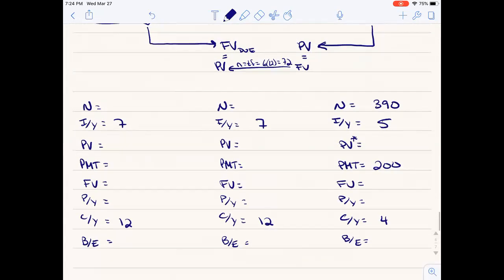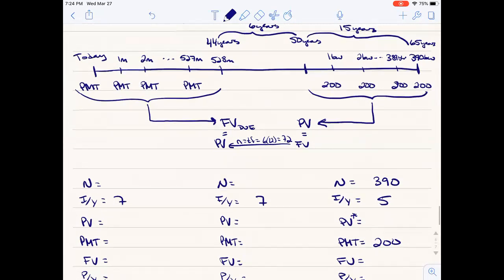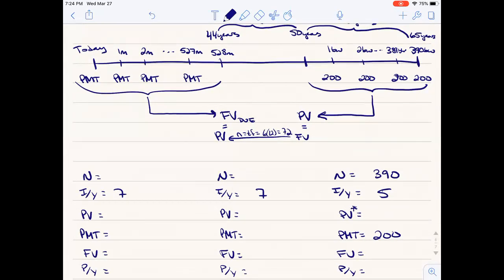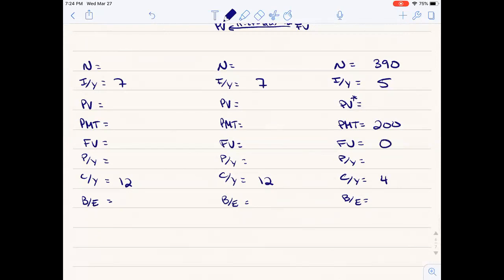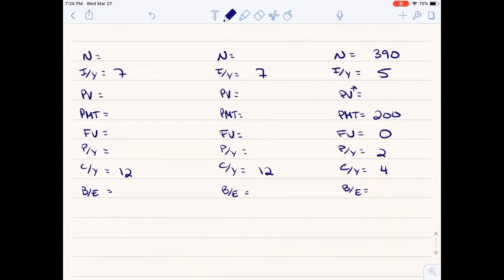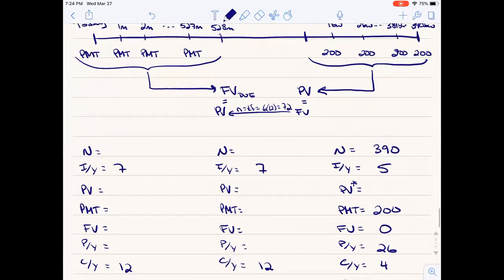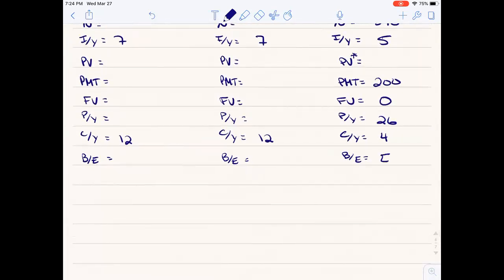The future value at the end of 15 years, the money's all gone, so the future value is going to be 0. The payments per year, we had biweekly payments, so 26, and they are at the end of the payment period.